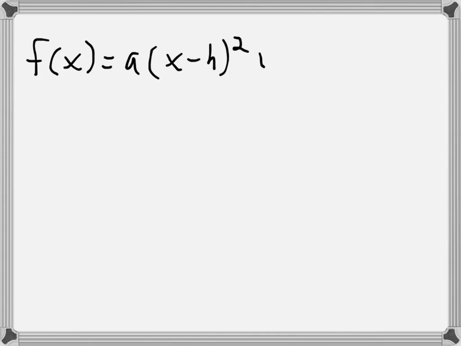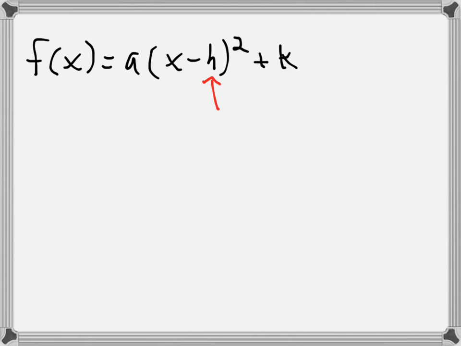Okay, so now let's put everything together. I'm actually going to get rid of this screen for just a second. So if I have some generic quadratic like this, let's see what everything in here does.